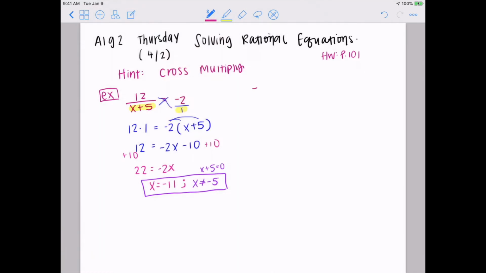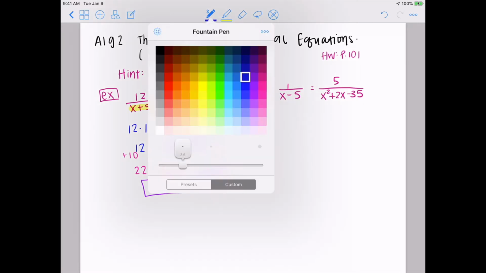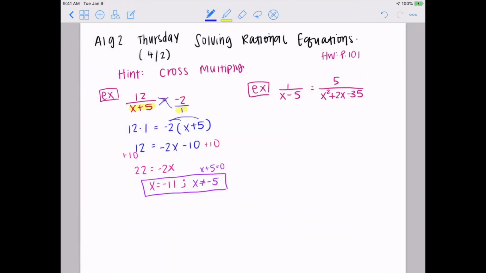Let's look at another question. 1 over x minus 5 equals 5 over x squared plus 2x minus 35. Okay, so the left side, can't really do anything about it. The right side, to make it easier for yourself, we can simplify the denominator first.